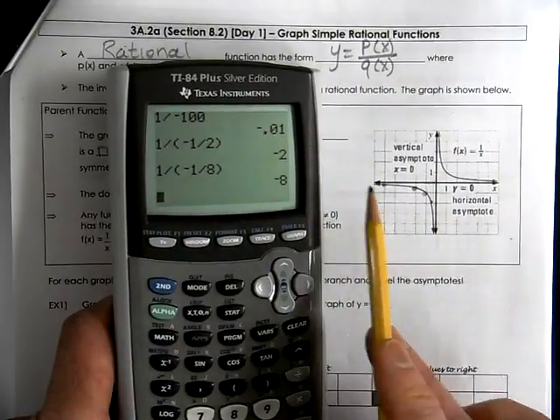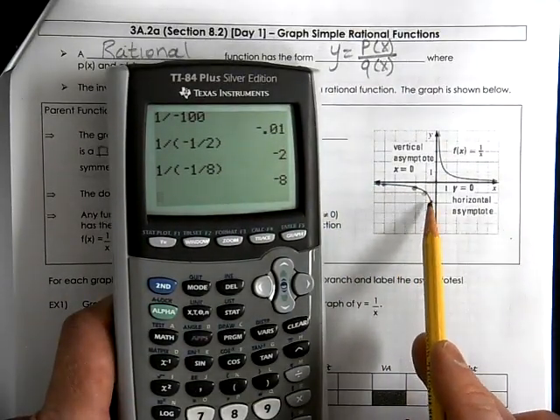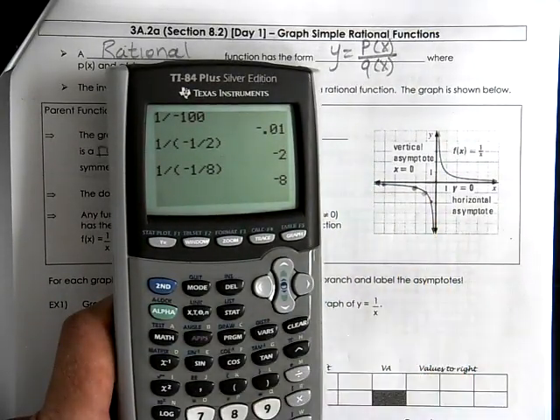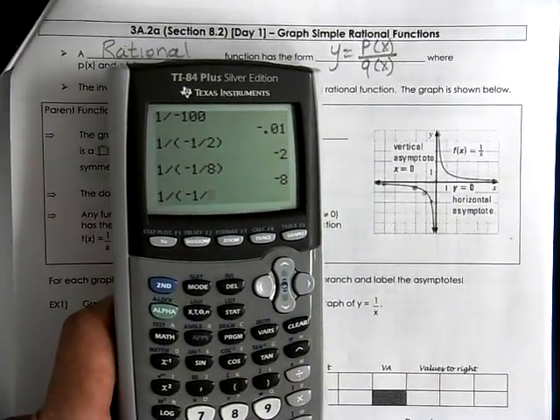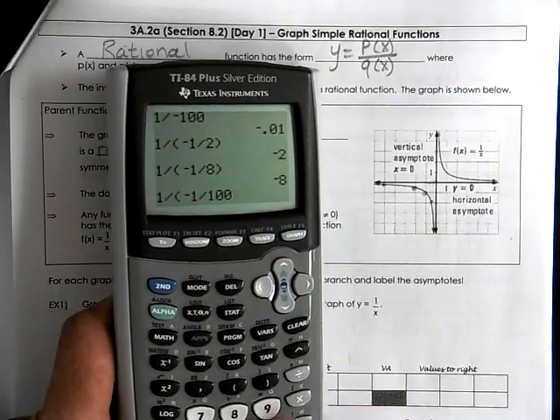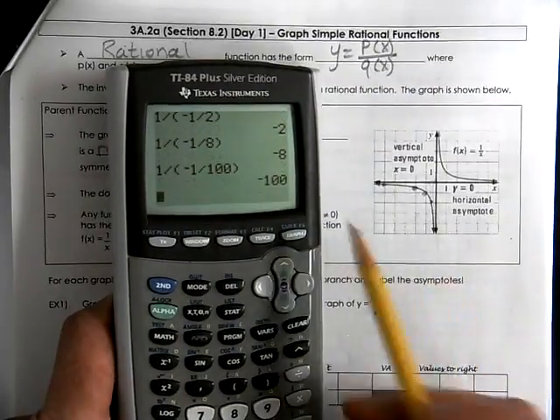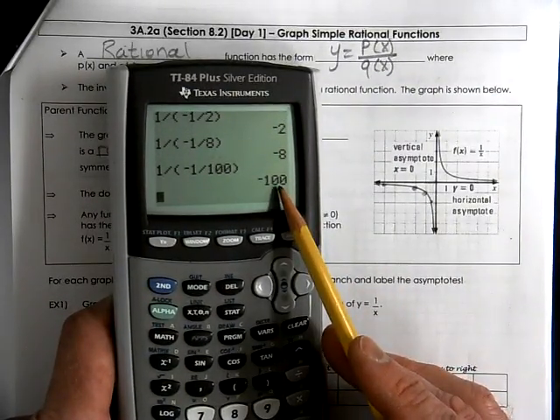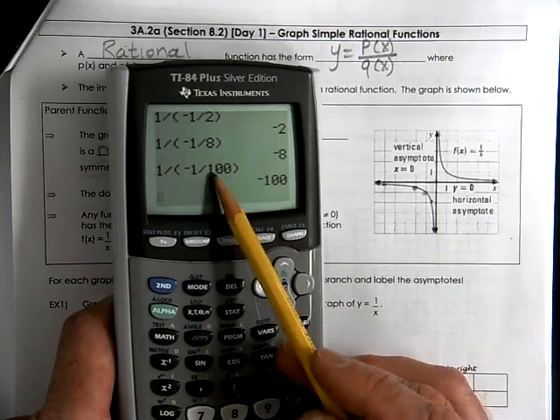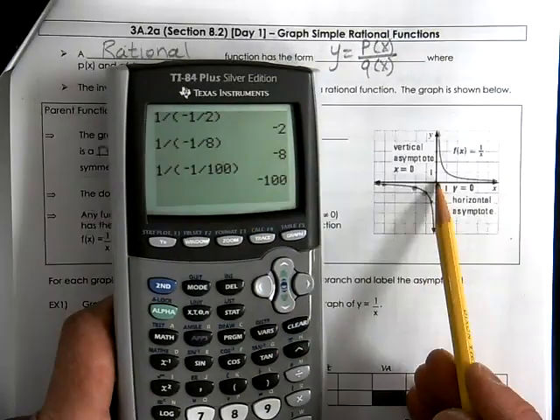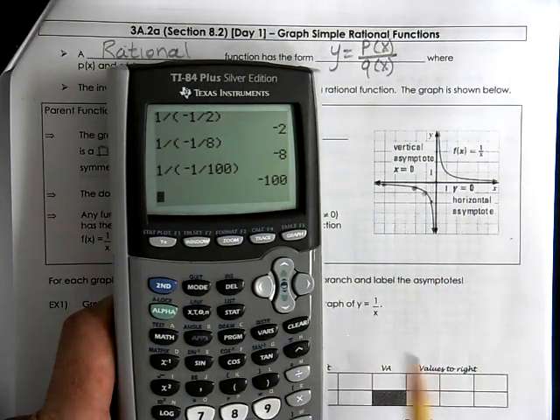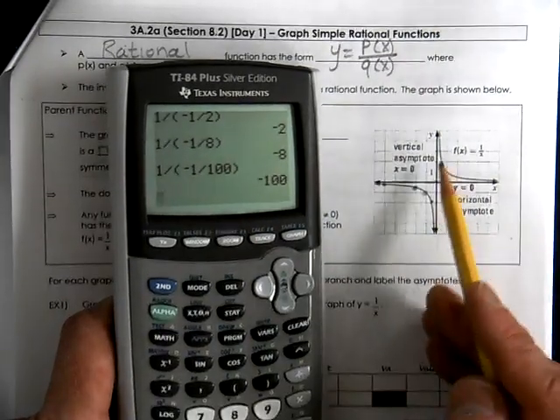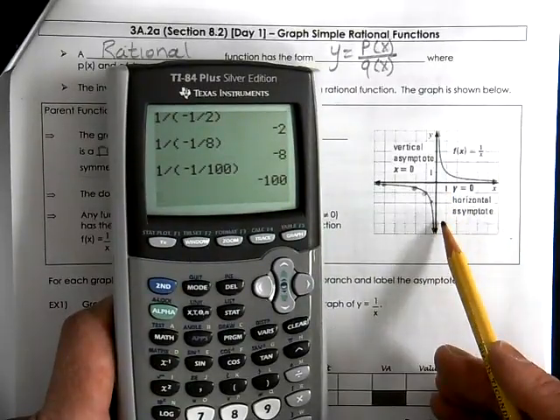So the smaller it gets, the closer you're going to get to that. If you barely go over at all, 1/100th, you're going to be way down low. That's what that's saying. So you're never going to touch the y-axis.